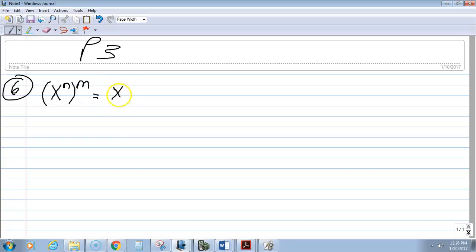We multiply. So x to the n times m. So if we have 6 cubed and we want to take that to the 4th power, it's going to be 6 to 3 times 4 is 12th power.